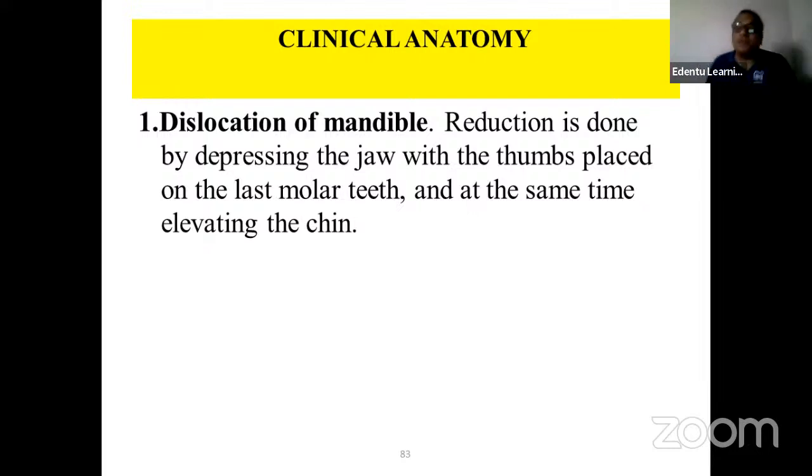For this patient, what you should do: make them sit upright in a dental chair, or with the head leaning towards a wall. Wear gloves, take some gauze piece, put it behind the distal most tooth, the third molar. With the thumb, keep it inside the mouth, you are wearing gloves. Then tell the patient, I will tell 1, 2, 3, and whenever I say 3, try to close the mouth. So you have to communicate that to the patient.